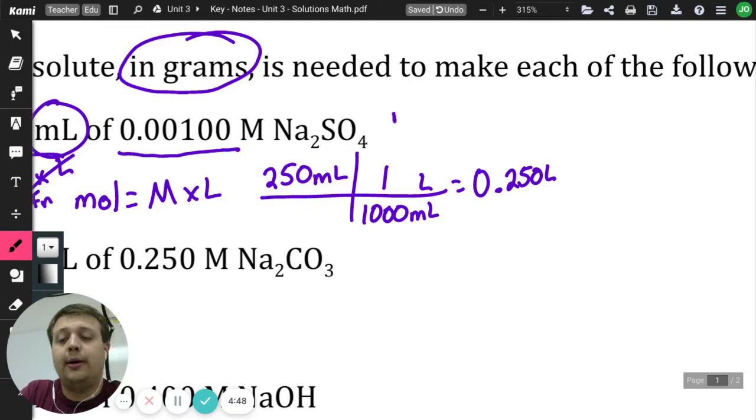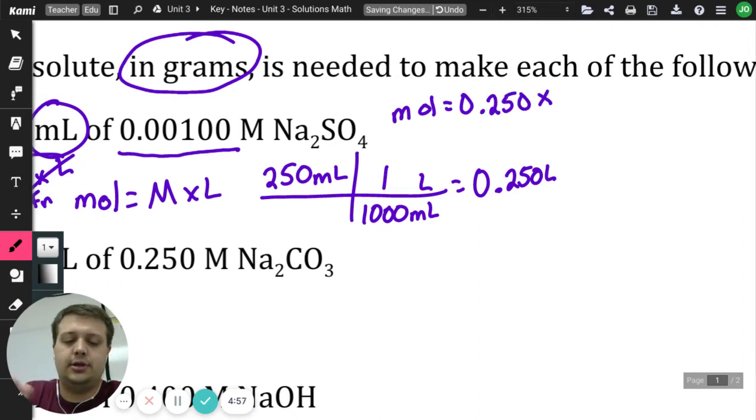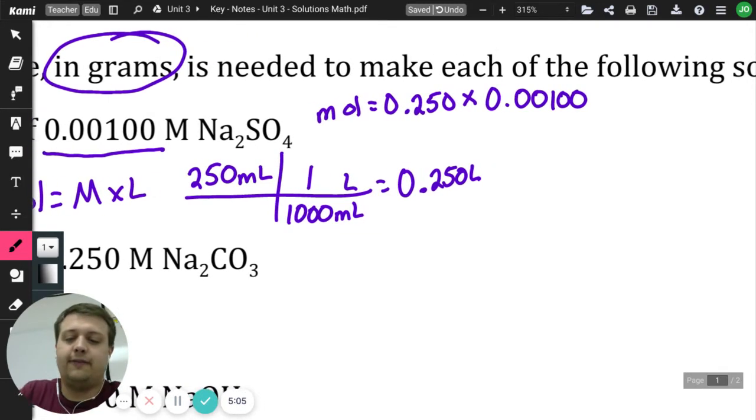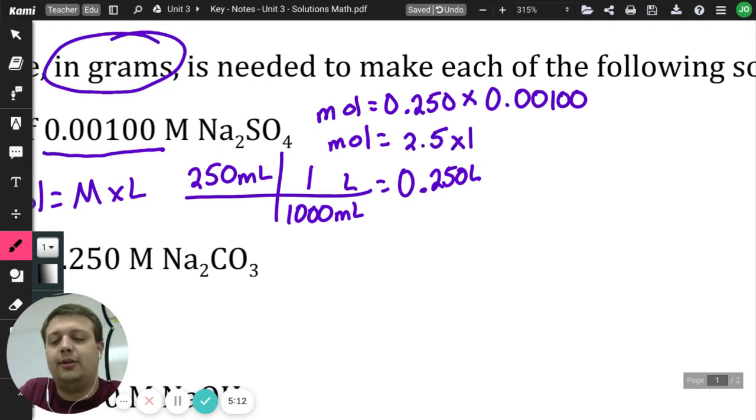Now we can plug that into our formula. So I know that moles equals 0.250 times the molarity, which we know is 0.00100. Okay? I plug that into my calculator, and what I'm going to find is the moles equal 2.5 times 10 to the negative fourth.